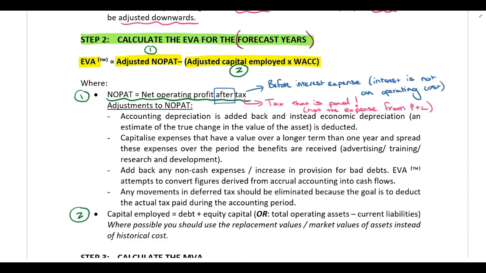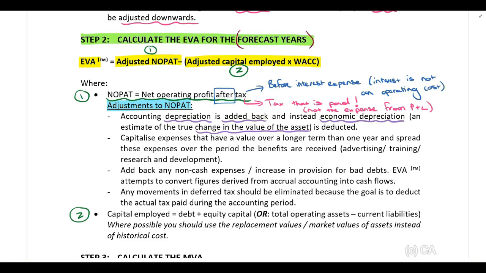Then we need to make certain adjustments to net operating profit. First, any accounting depreciation that we have is added back. And instead of looking at accounting depreciation, we use economic depreciation. And economic depreciation is just the change in the market value of the asset. So add back any depreciation and deduct the change in the market value of the asset instead.